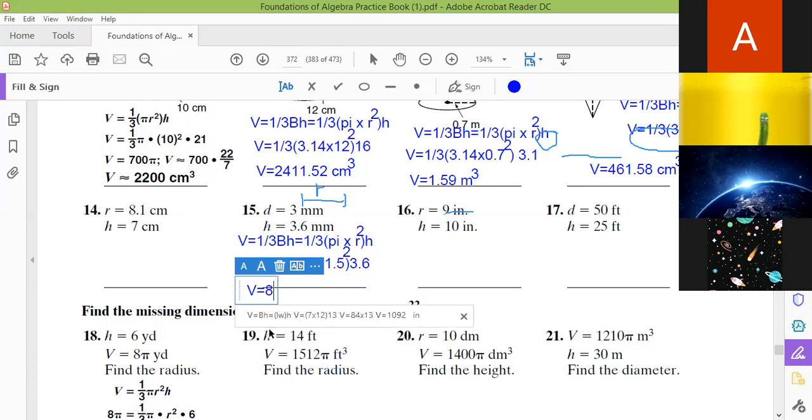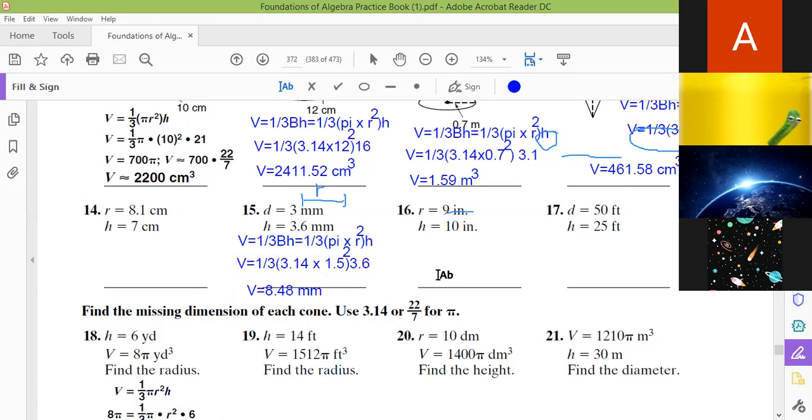Round it, 8.48, or 8.5. Okay, 8.48, then millimeter cube. Is it clear? Yeah. Wait a minute, don't change the page. Okay, right.